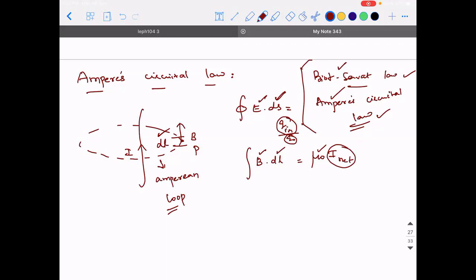This Amperian loop is a two-dimensional loop that you consider around the current carrying conductor, such that the dot product of the magnetic field and the small element that you take on the Amperian loop is equal to mu naught times I net, and this is what is called Ampere's circuital law.